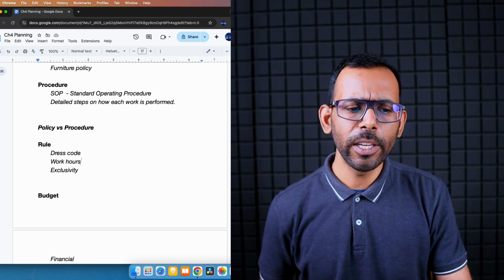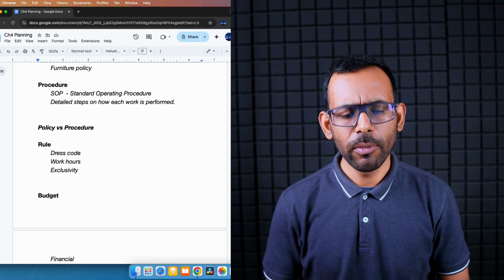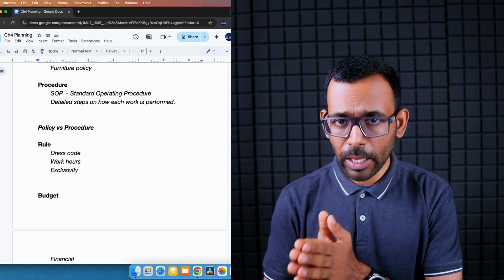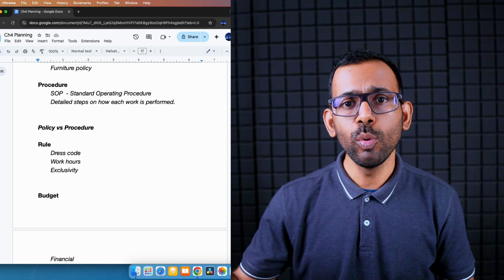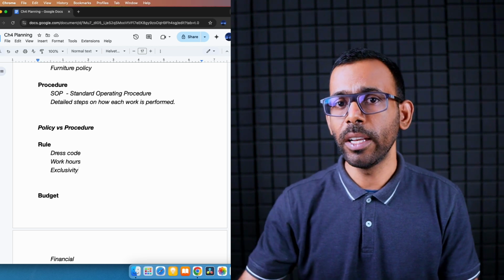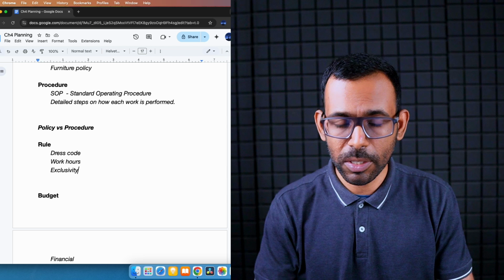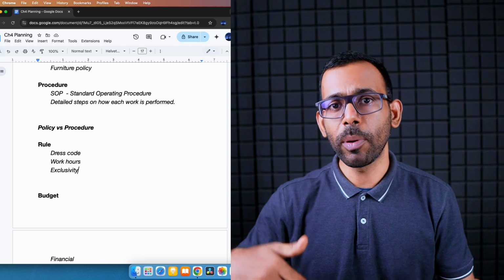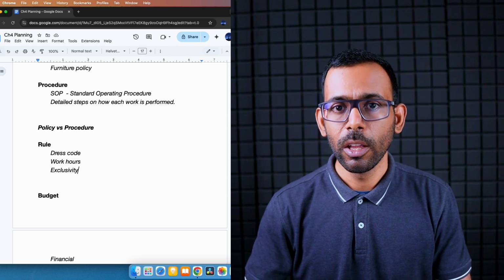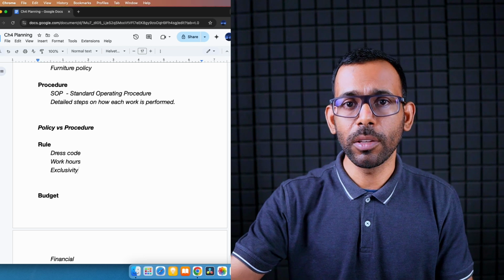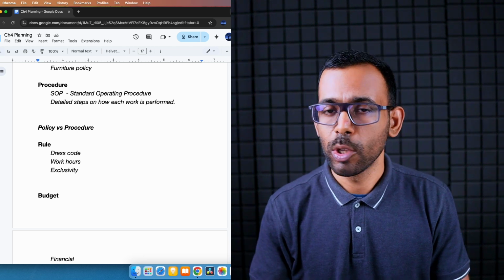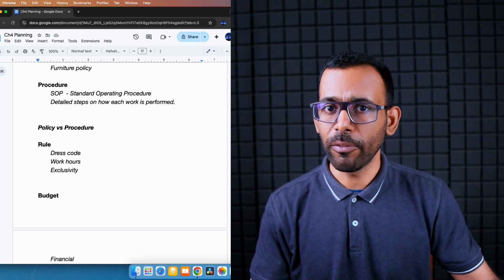Then exclusivity is an example where, if you are working in this company, you should not do any other business which is in direct competition with this company. I worked in an FMCG company. I cannot have a personal business which is in direct competition with the company that I work for. Let's say the company I worked for manufactured shampoos.